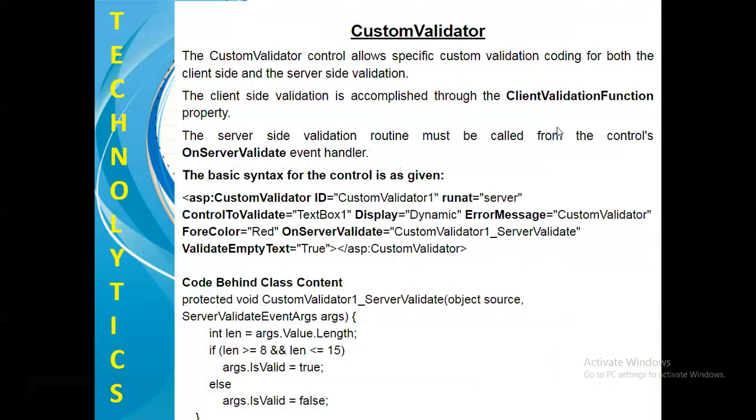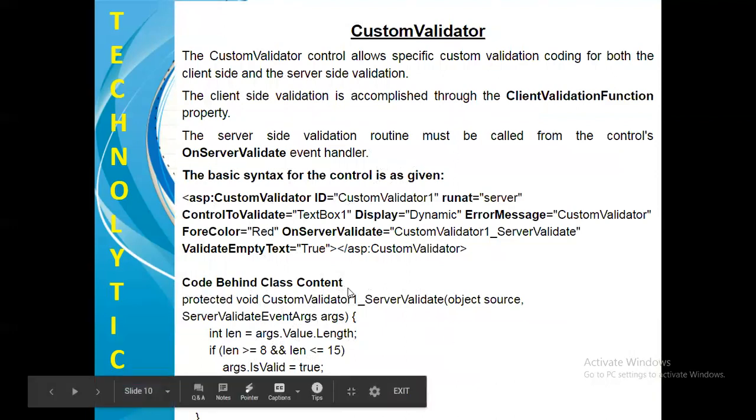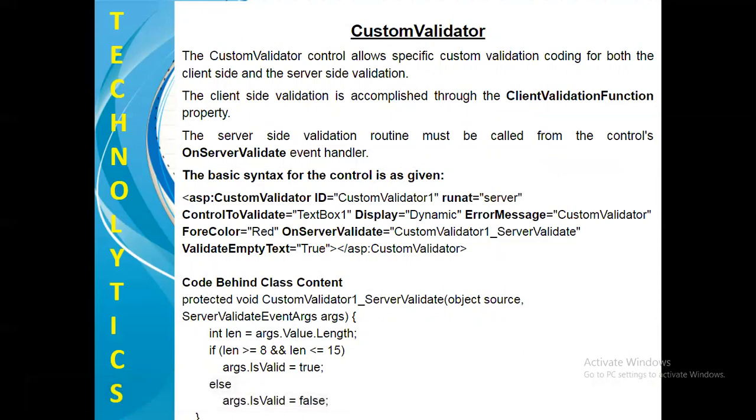Next is the custom validator. This custom validator control allows specific custom validation coding. Here the user can create his or her own custom validator. If it is client side, then it could be written in JavaScript. If it is server side, it could be written in either C# or VBScript.